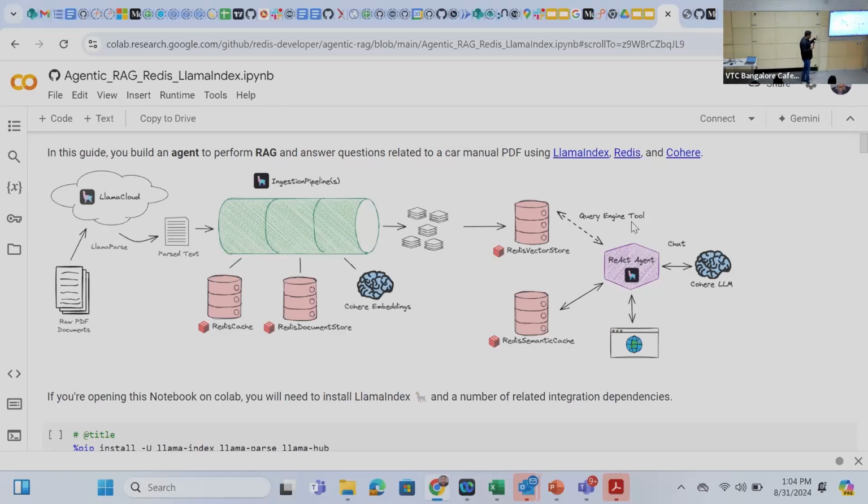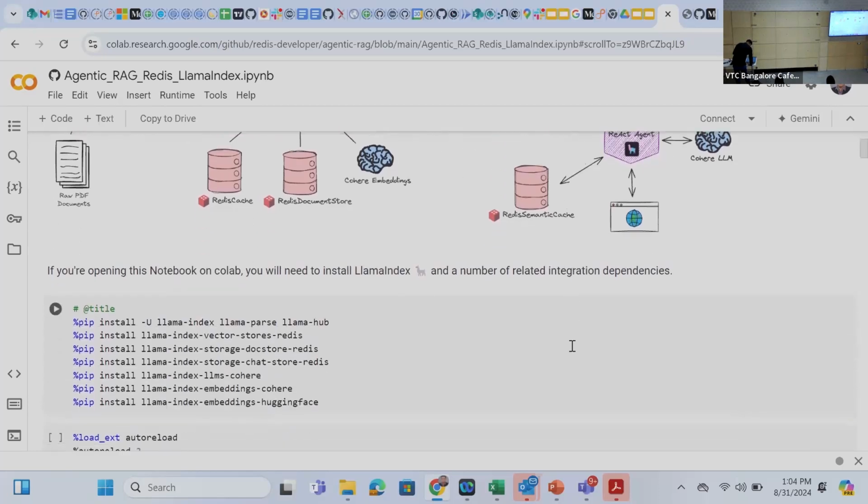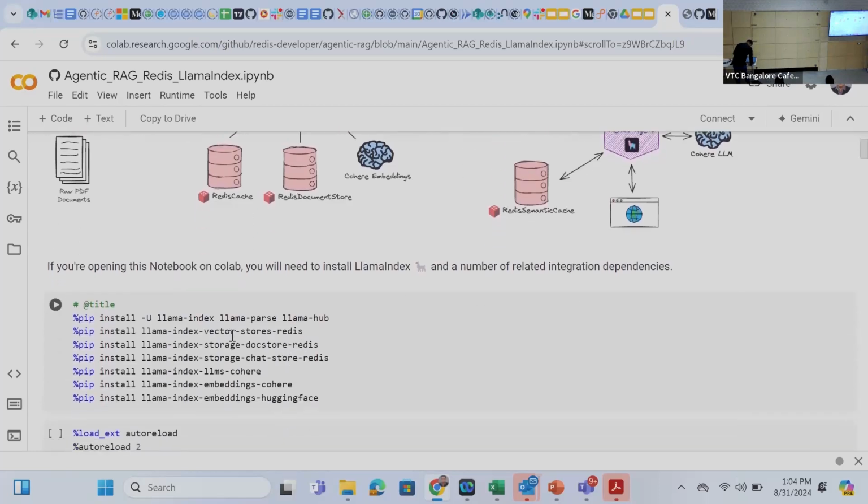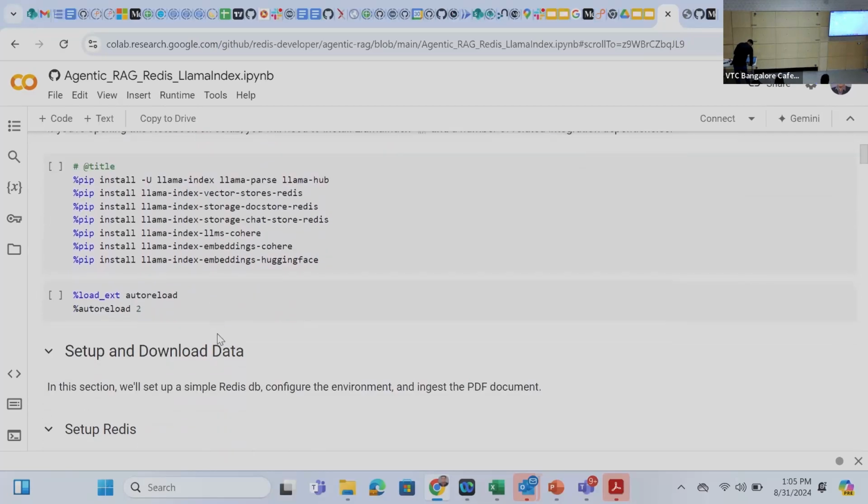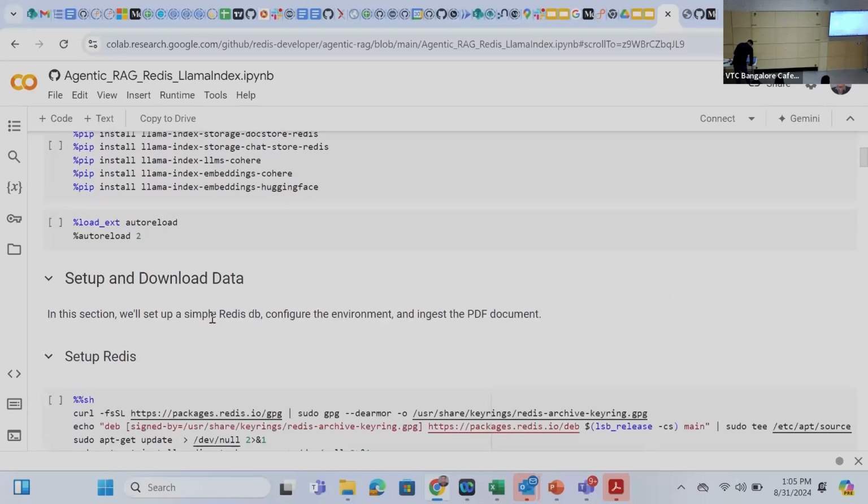Okay. And in this notebook, I'm also using LlamaIndex. So feel free to install it before you actually implement it. If you see over here, I'm just installing all the LlamaIndex specific dependencies. And then once I have done that, I'll just download the data.